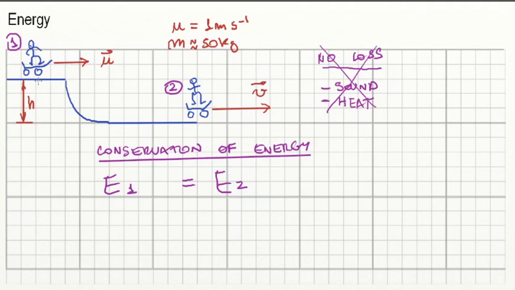Well, what kinds of energies will I have here? So since this skateboarder is moving, there will be some kinetic energy. Also, since he's higher than in the second position here, there will also be some gravitational potential energy. And those should be equal to our kinetic energy here at the end.